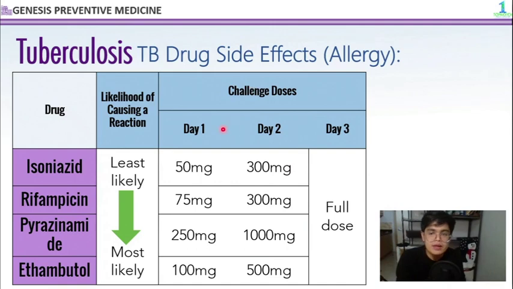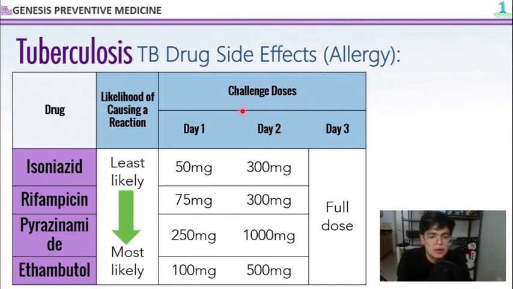Okay? Now for allergic reaction, which we have not yet enumerated in our previous two slides, what we do is we give challenge doses for the patient. What the challenge doses mean is that for 1 day in the intensive phase of treatment, they will first discontinue all four TB drugs.